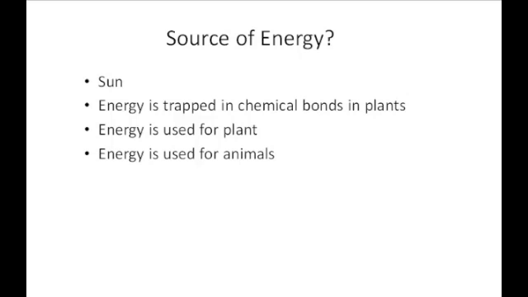So when we talk about energy from food, we want to think about energy in terms of how a chemist would think about energy. And so the source of all the energy that we take in as food comes from the sun.